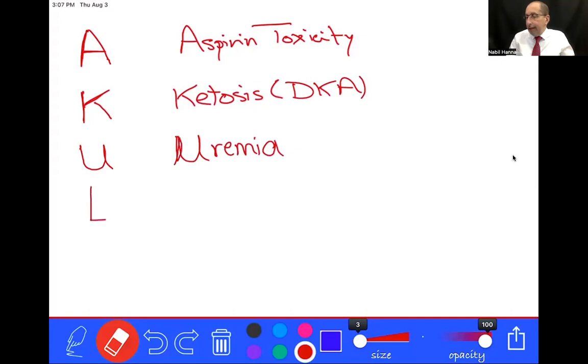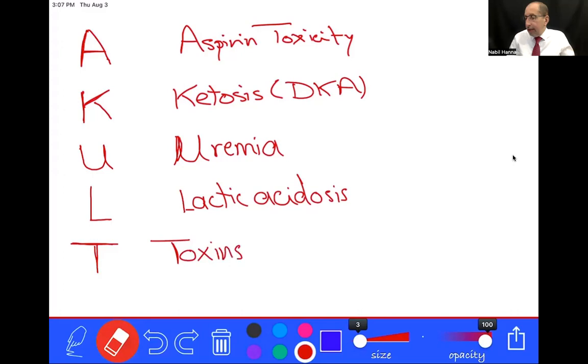The L stands for lactic acidosis. And finally, the T stands for toxins, like methanol, ethanol, and ethylene glycol.